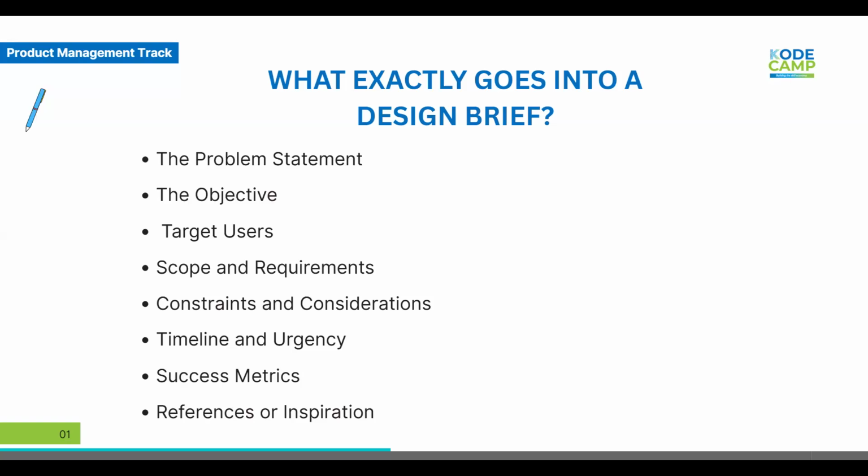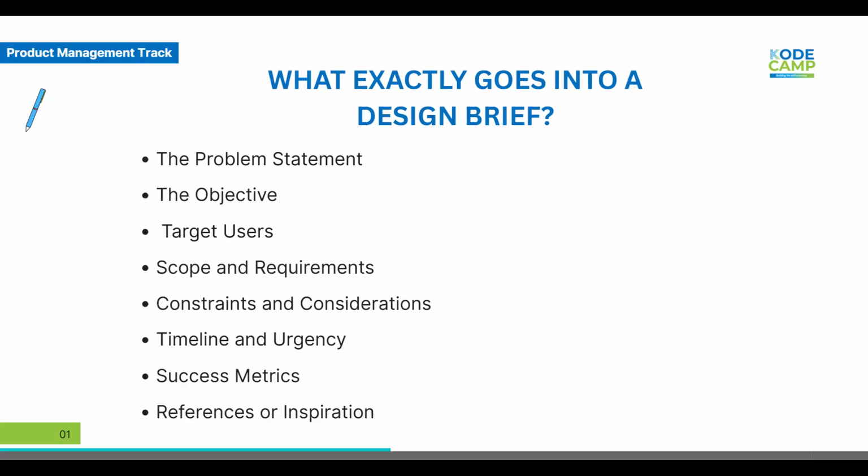You can even include the user persona you created here, if you still have them, which I believe you should. This is where your user persona also comes in very handy.